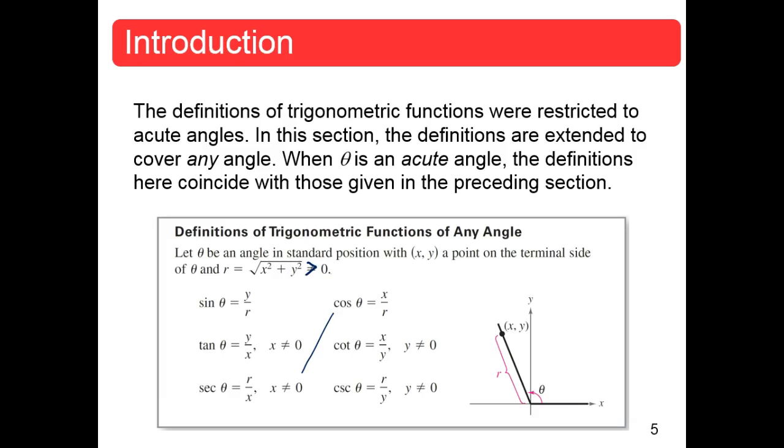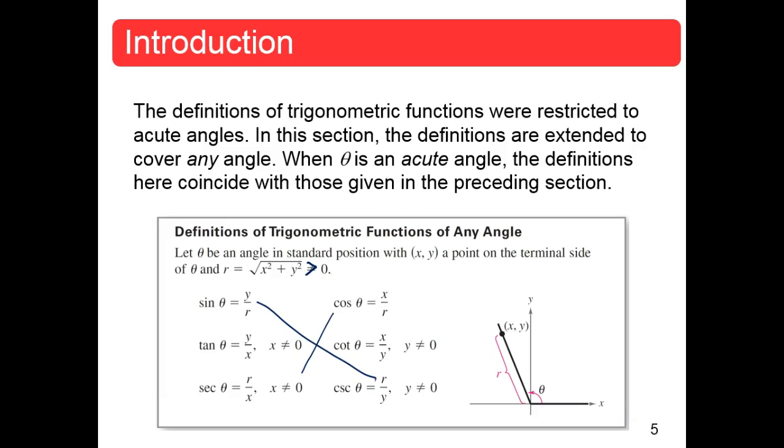The cosecant is the reciprocal of the sine function. Sine was y over r, so the cosecant is r over y. Again, r is always positive, and y can be either positive or negative, but in this case can't be 0, just like for the cotangent.